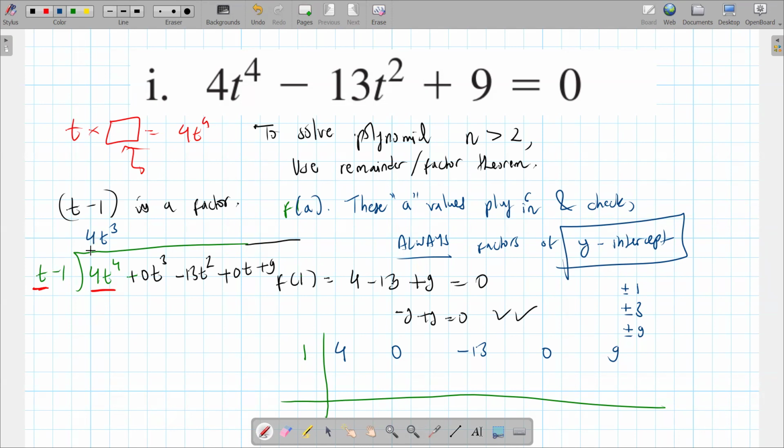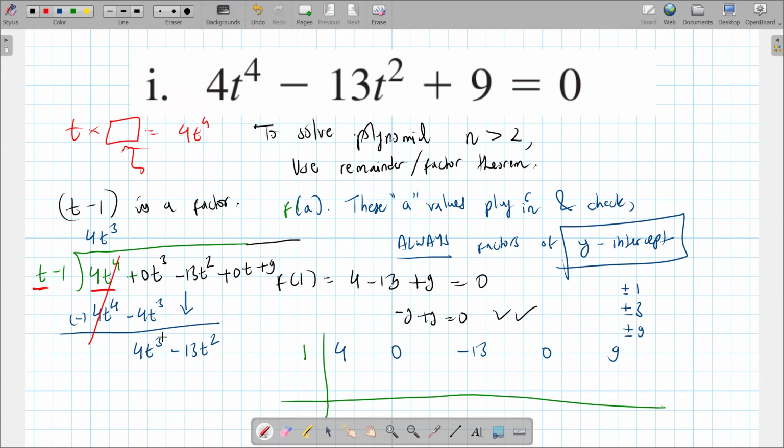So t times 4t cubed is 4t to the 4. -1 times 4t cubed is -4t cubed. Subtract: 4t to the 4 minus 4t to the 4 is nothing. 0t cubed minus becomes plus, 4t cubed becomes 4t cubed. And when you cancel out something, you're allowed to bring another term down. Only when you cancel something.